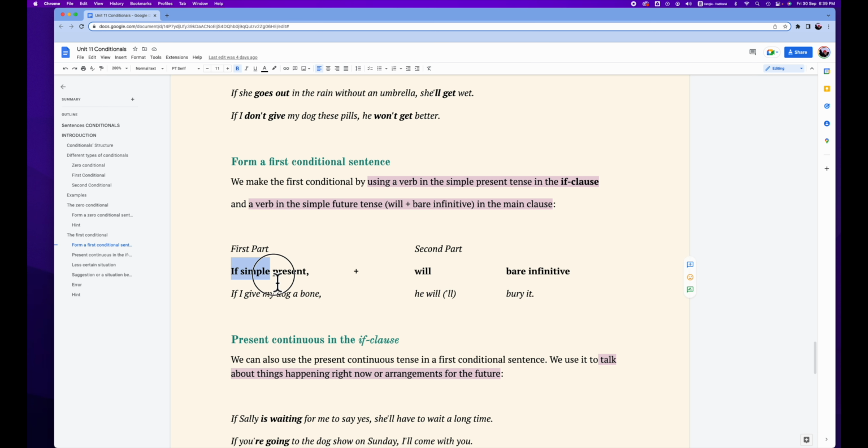Then how to form the first conditional sentence? Let's take a look. First part, present tense. Second part, will plus bare infinitive. If I give my dog some bone, he will bury it. There are other tenses that we can use to replace the present tense in part A. So, what tenses can we use?